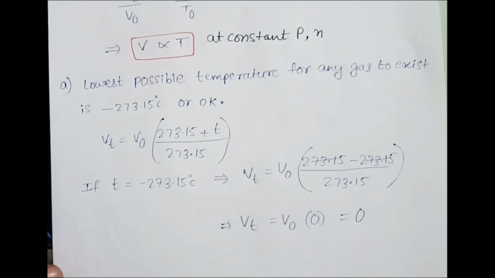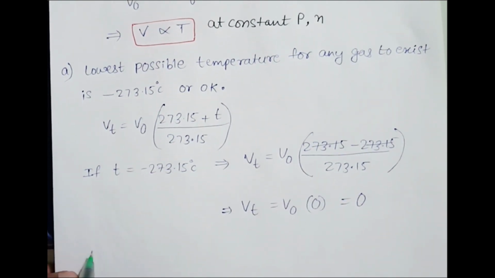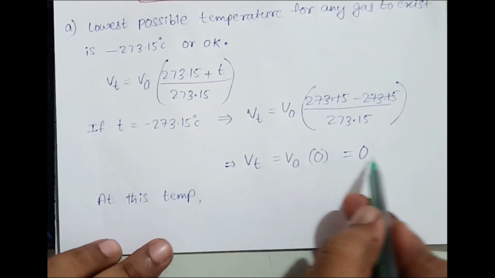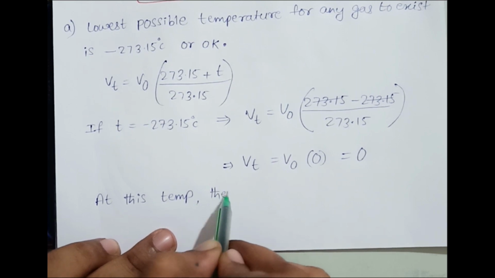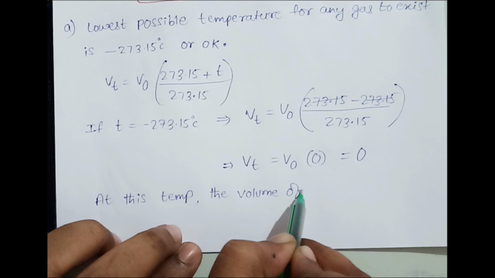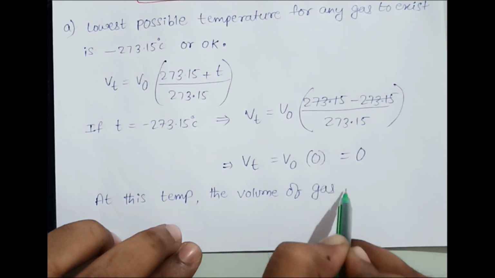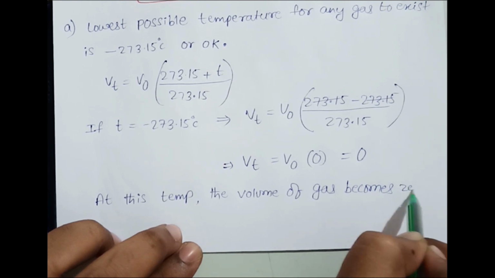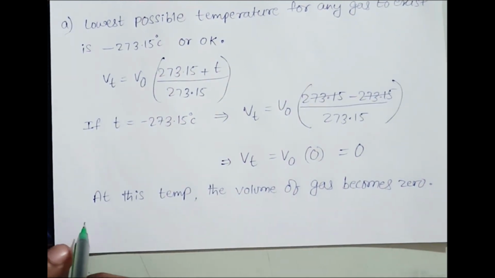It means at this temperature, minus 273.15 Celsius, the volume of gas is becoming 0. You can see it clearly. The volume of gas becomes 0. What does it mean?